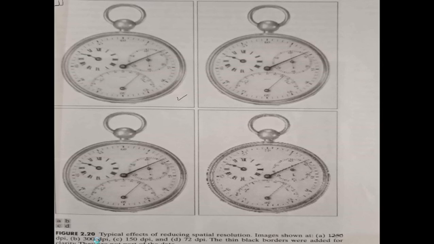If it is 256, it means there will be 8 bits used to represent the intensity level. Here it is 128 levels, here there are 64, and here it is 32.